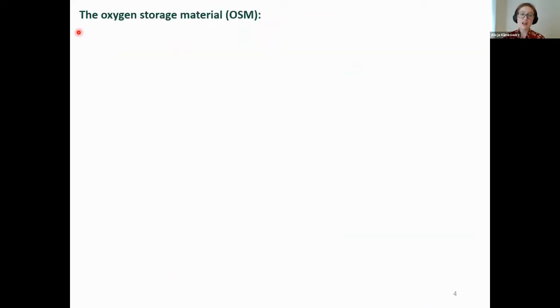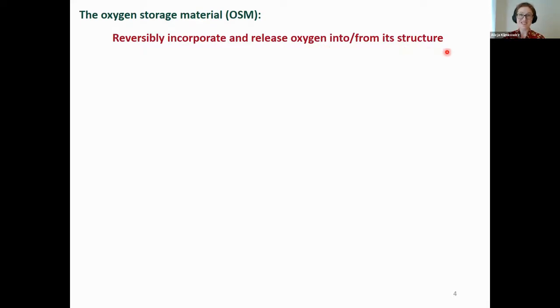Let me first define oxygen storage materials, because I'm pretty sure that this is a new type of material for you. Basically, we can call a material an oxygen storage material if it can reversibly incorporate and release oxygen into or from its structure. So we are talking about the bulk now.